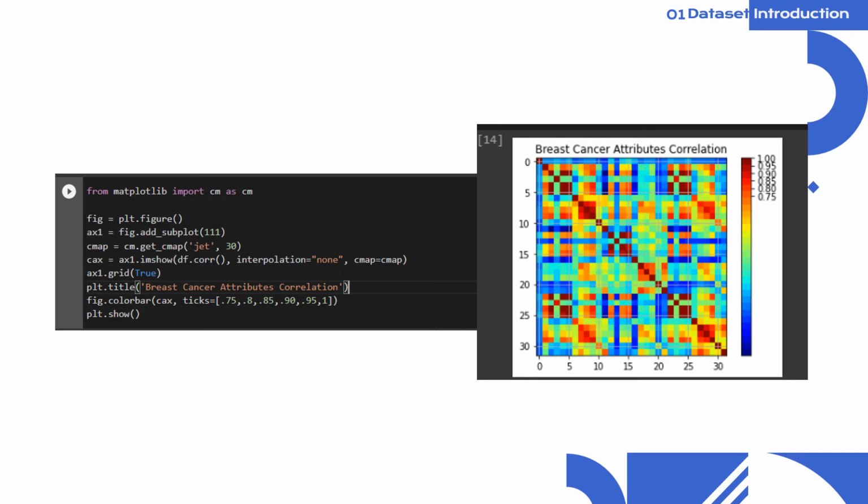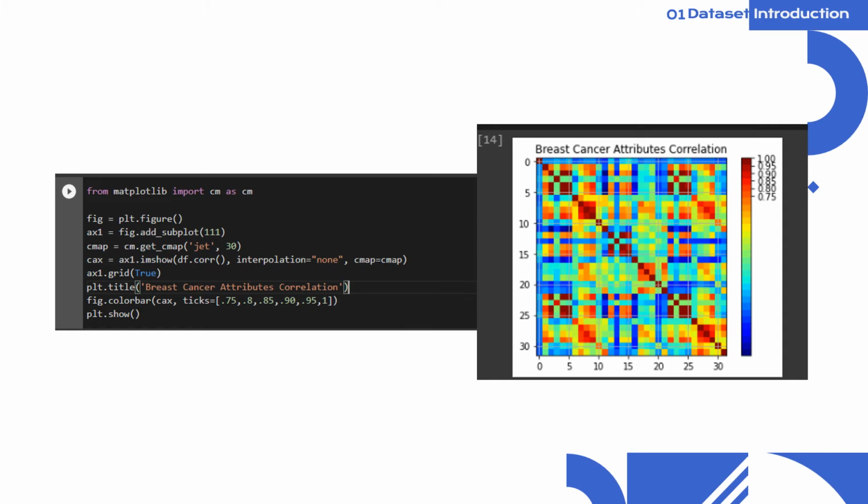Next, we will use matplotlib to display the correlation matrix of our dataset. The matrix is titled breast cancer attributes correlation, and the dimension is 32 by 32, which is the number of our attributes. The matrix shows the correlation of each feature or attribute. From the output graph below, the red colors mean that the attributes are positively correlated with each other.